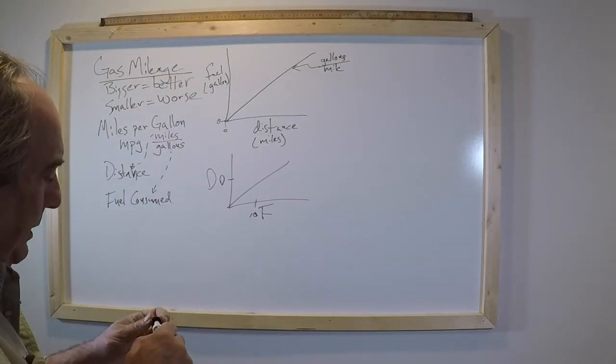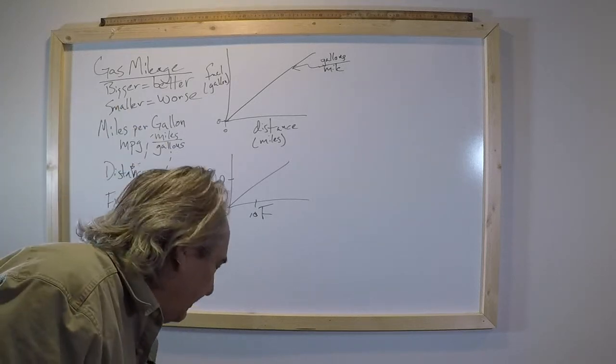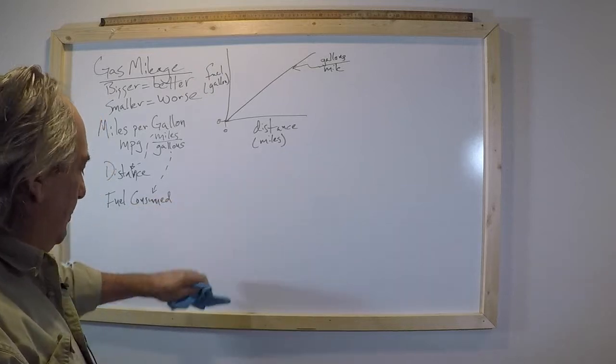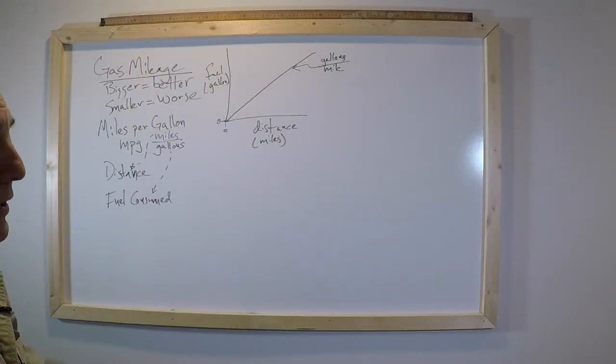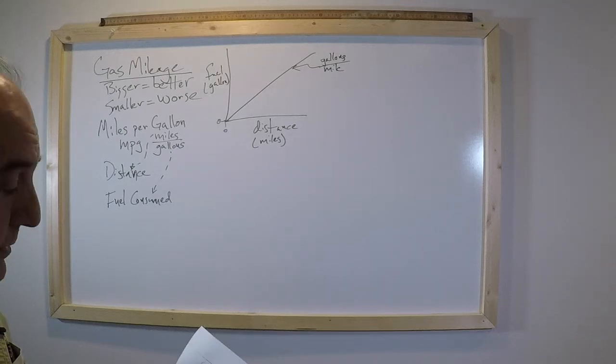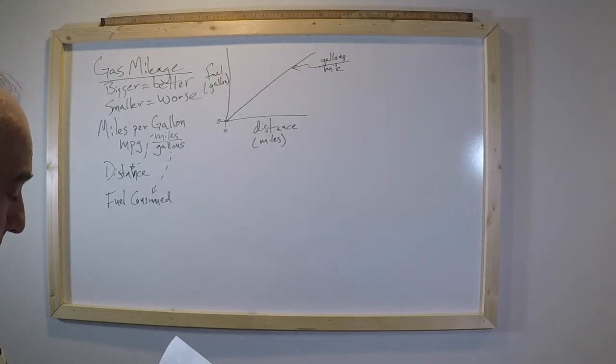But we don't think of the independent variable as being fuel. We think of it as being distance. So now it's the other way around. In Europe, they do measure mileage in liters per kilometer, which makes this make more sense. Yeah, aren't you glad that you took this class?